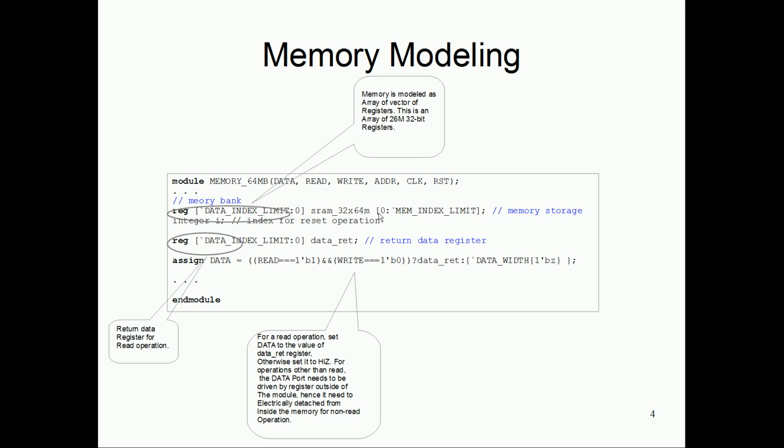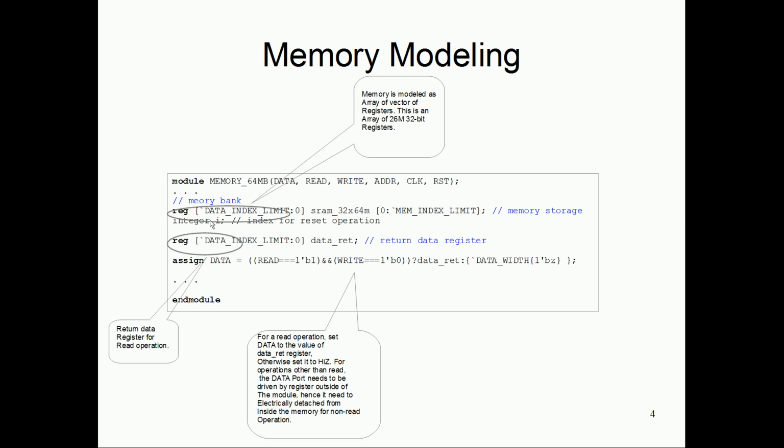We name the storage SRAM 32 cross 64M, which is essentially a two-dimensional array of 32-bit values at each address line, spanning from 0 to 2 to the power 26 minus 1. This is the value again in the purge underscore definition.v. So this two-dimensional array defines our memory storage.